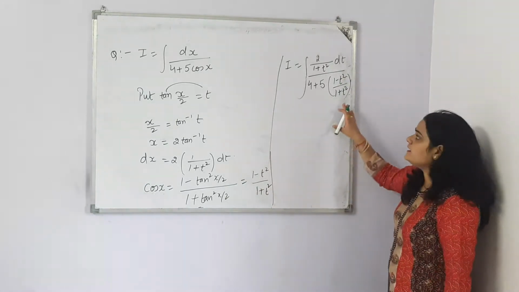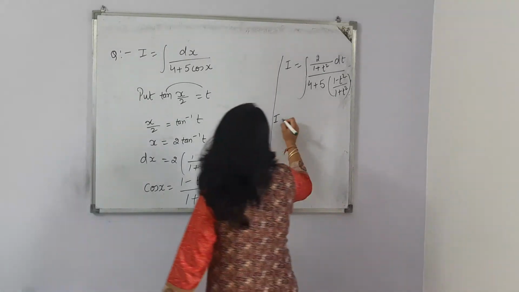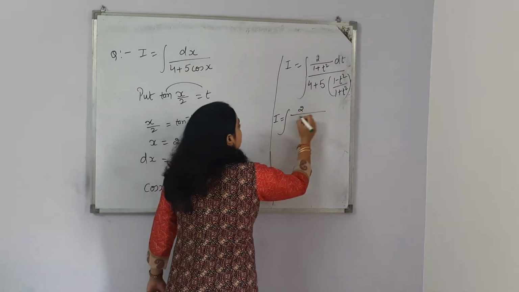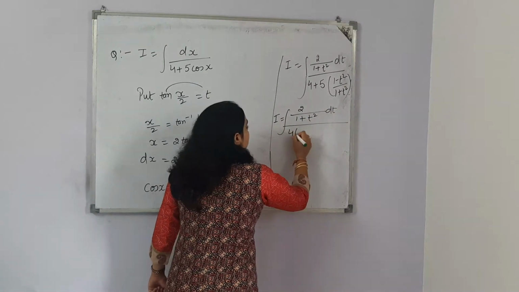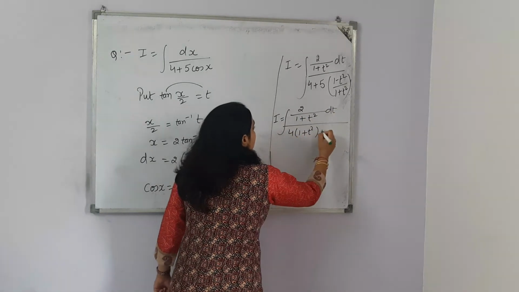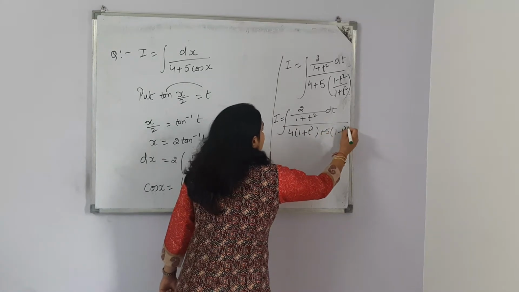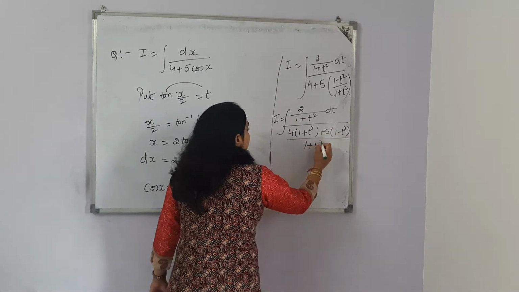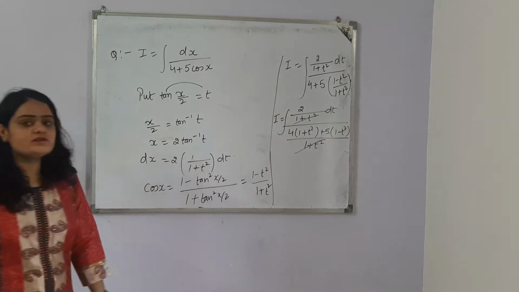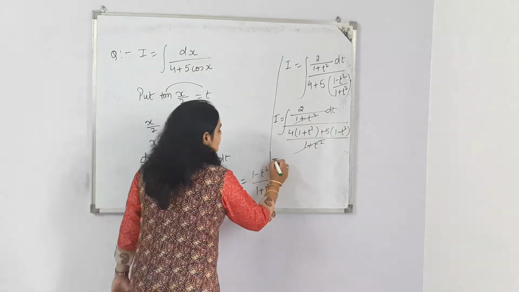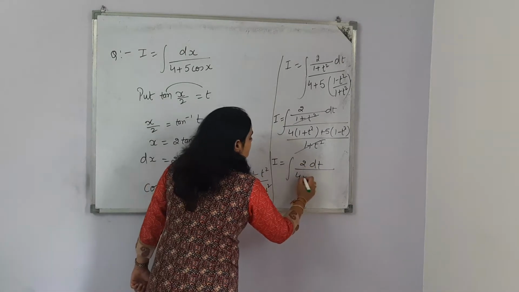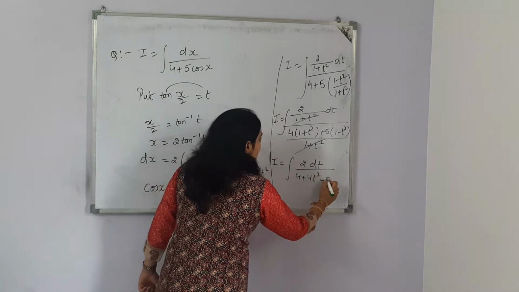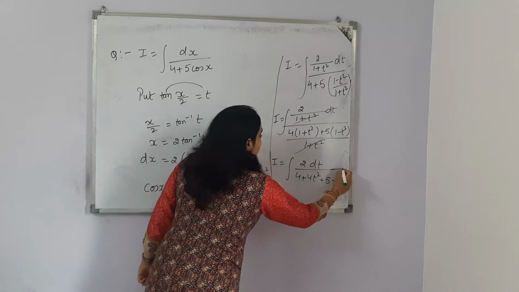Now can we take LCM in the denominator? So after taking LCM in the denominator, what will we get? 4 into 1 plus t square plus 5 into 1 minus t square whole upon 1 plus t square. This 1 plus t square cancels out with 1 plus t square. We get I is equals to 2 dt upon 4 plus 4 t square plus 5 minus 5 t square.